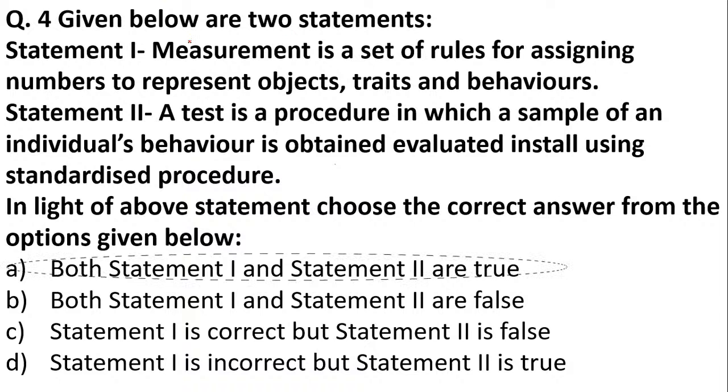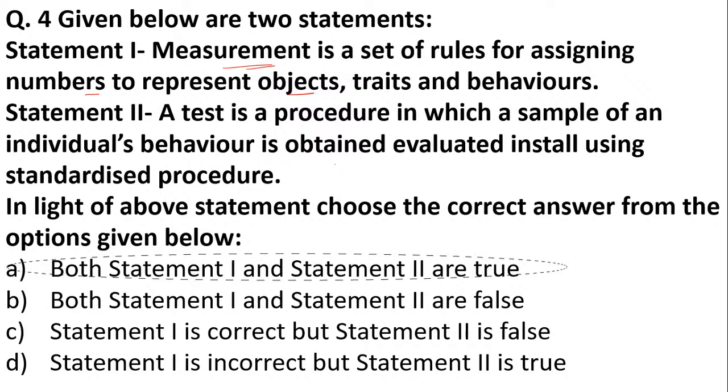Measurement. What is measurement? When you are assigning some numbers, like if you talk about class, how much marks they are getting, that measurement is assigning numbers to objects. Yes, it is assigning numbers. It is called measurement. A test is a procedure in which a sample of an individual behavior is obtained and evaluated using standardized procedure.